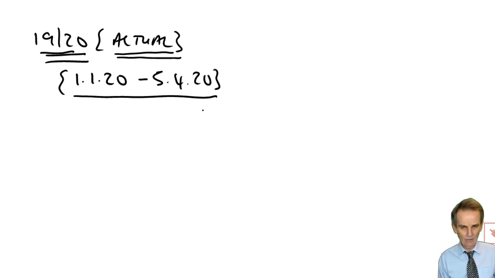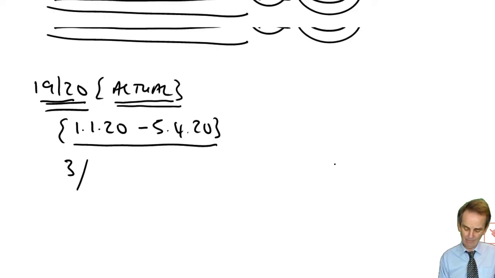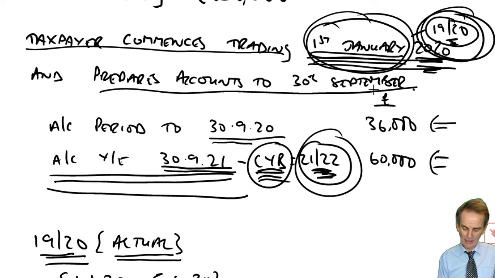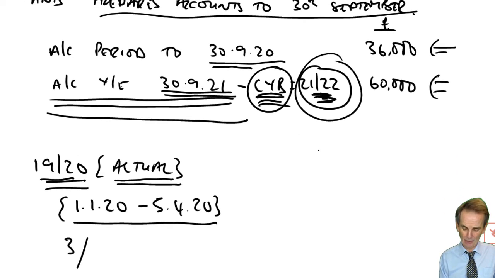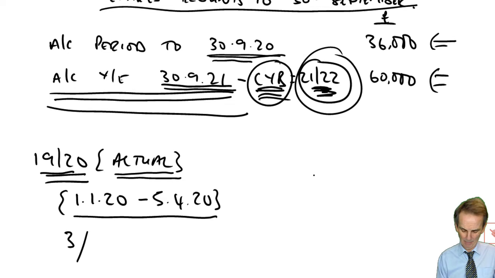Right, remember, we do apportionments to the nearest month, so the 5th of April is effectively the first 3 months of the year, January, February, March. We don't do daily, we do monthly apportionments. So that period is 3 months. Out of how long was the opening period? It was a 9-month period to 30th September.